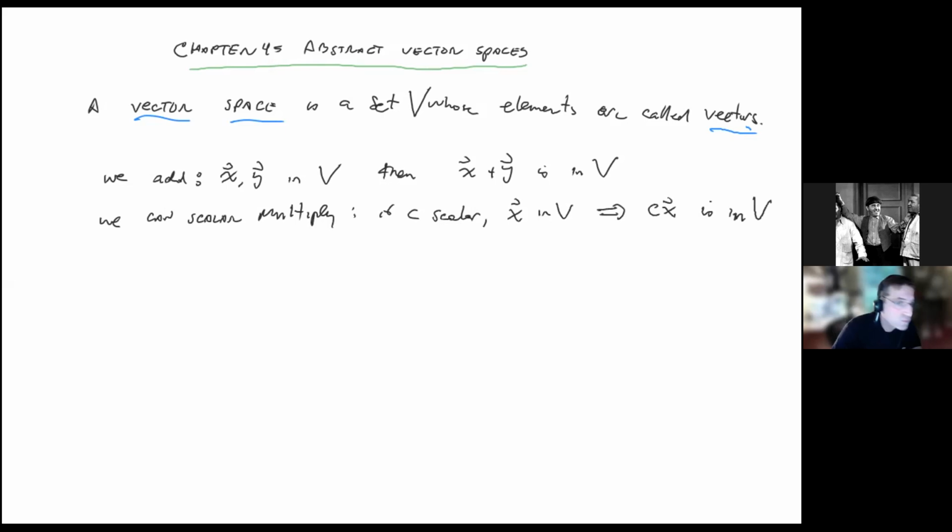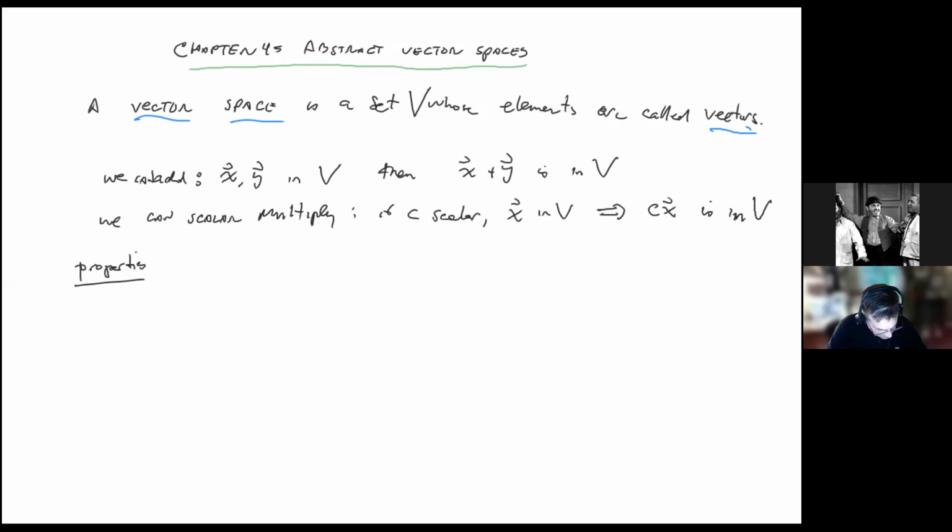Well, we have to say what properties these two operations have. So we can add and we can scalar multiply. So what are the properties? It's what you expect them to be.